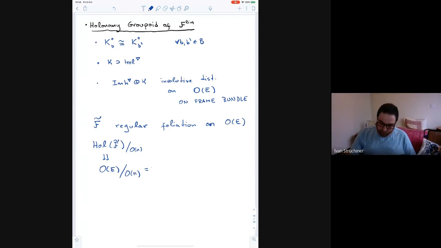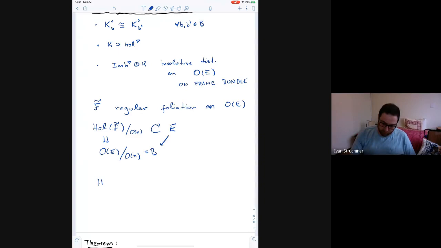This is just B. And now this groupoid acts on E, and you can take the holonomy groupoid of the linearization to be the holonomy groupoid of F tilde modulo ON acting on E. So it's like a local model groupoid, right?